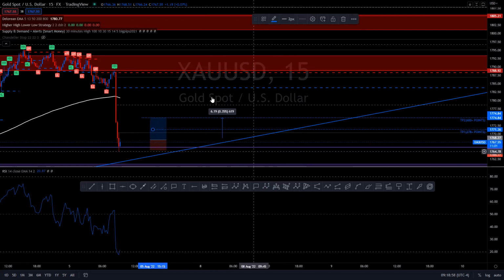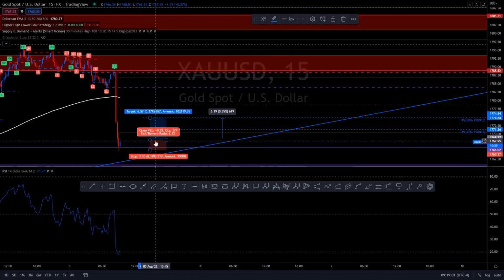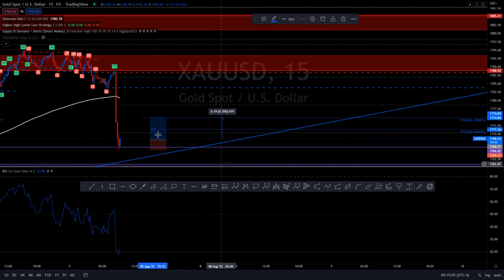Now, what was I going to do? It's like price trying to push up now, but I'm gonna wait for that next candle.